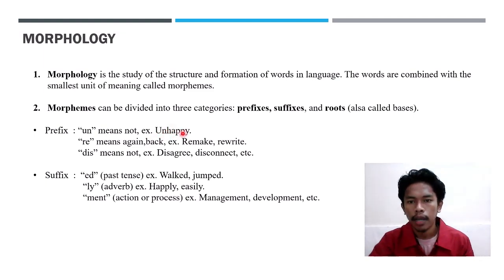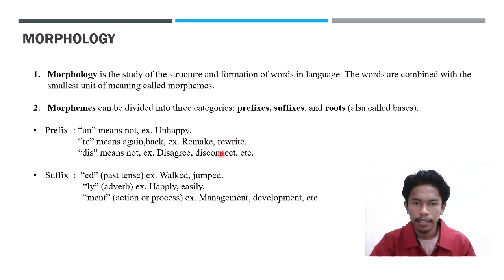From the word happy, put un in front, so it becomes not happy, right? Then re means again or back, so do again. Example: remake, make again. Rewrite, write again. Then this means not.